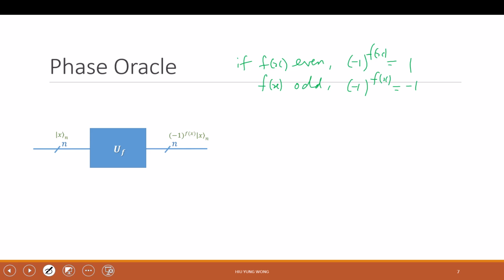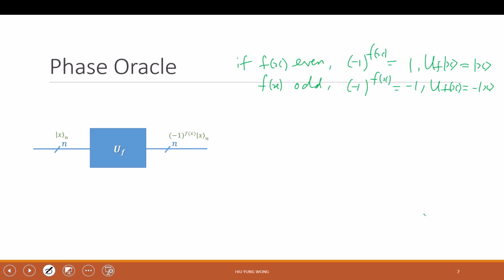So in this case, let me continue. Then U_f of x will give me x itself. And when it is odd, U_f of x will give me -x.